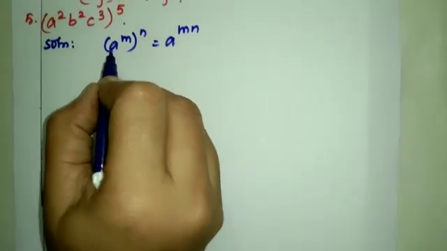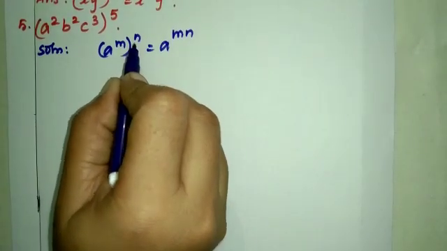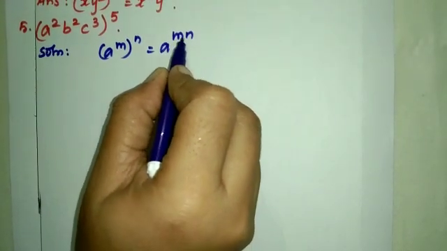Next question is a square b square c power 3 the whole power 5. You have to use the power law. A power m the whole power n, which is equal to a power m into n.